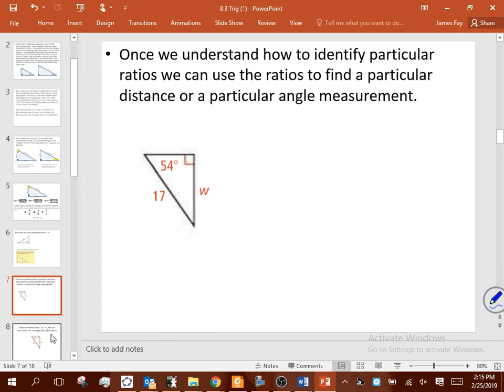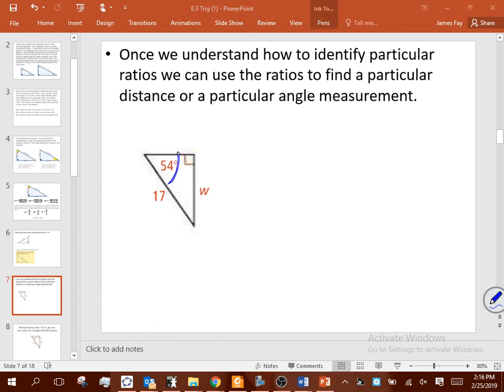If I want to go from miles to feet, do I divide by 5,280 or do I multiply by 5,280? We always have that question, right? It's the same concept here. Do I divide by my ratio, my scale factor, or do I multiply? This should allow us to get it correct every single time.